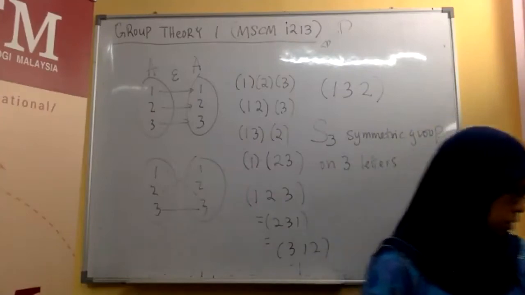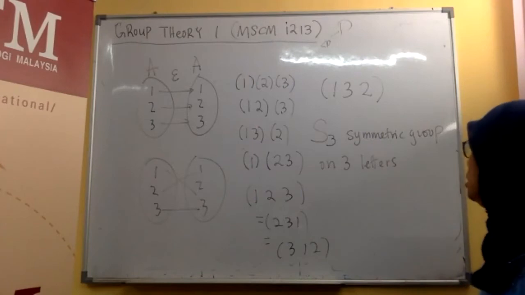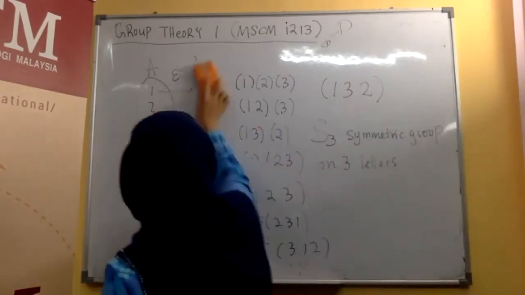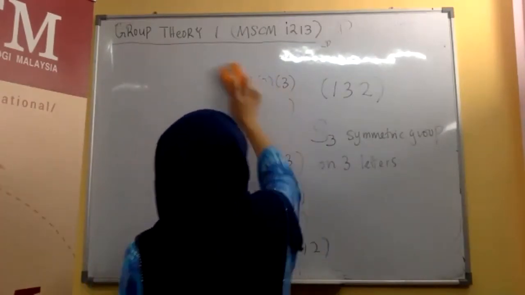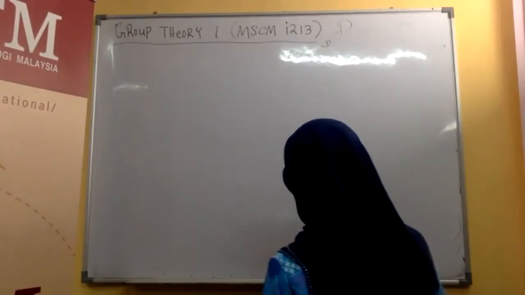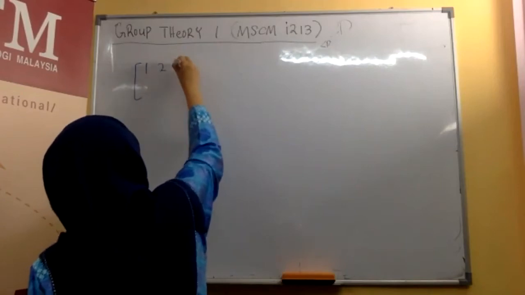You can use A, B, C, but normally we use numbers. Okay, this is another way to write it. This is called matrix notation.